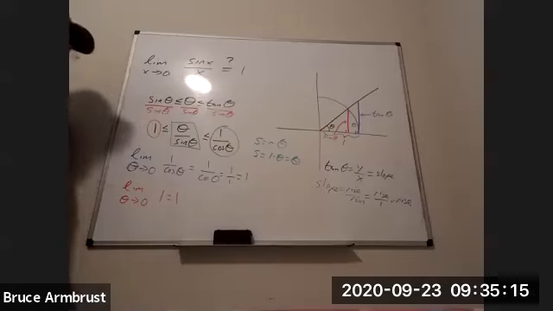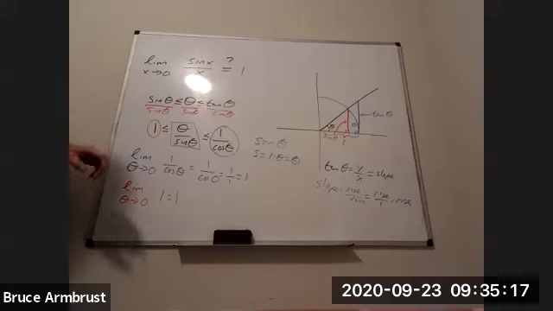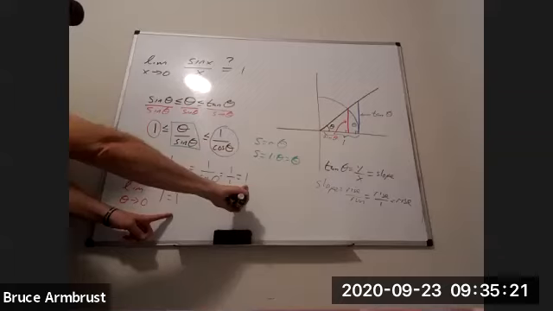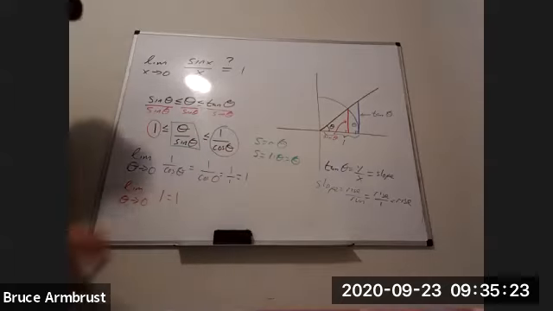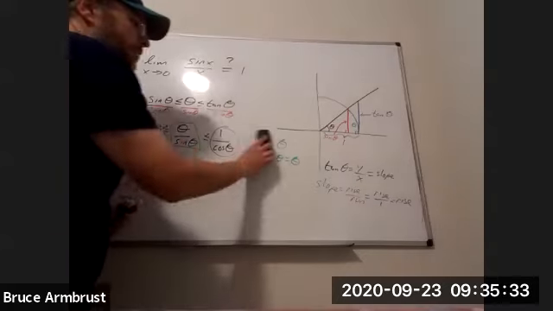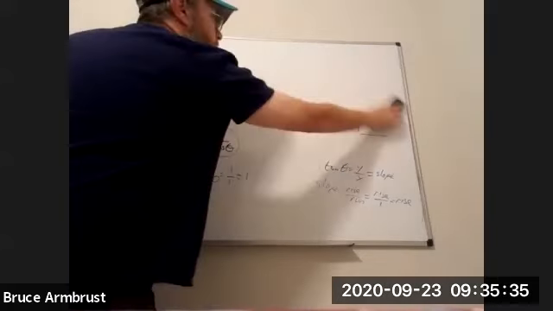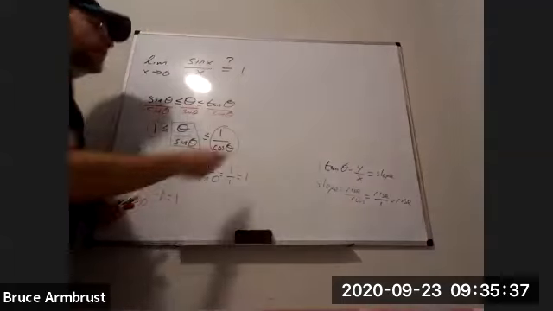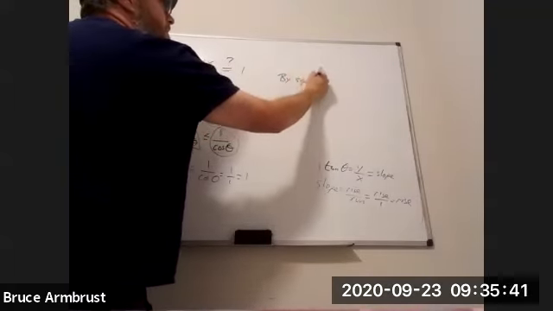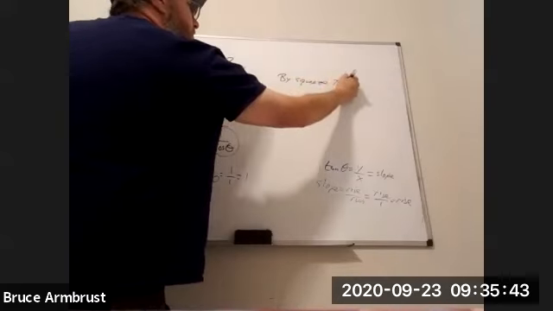So notice what happened. We've got two functions whose limits are both 1. We've got a third function that's trapped in between those two. So it's going to get squeezed to 1. So by the squeeze theorem, let me just write this out here.